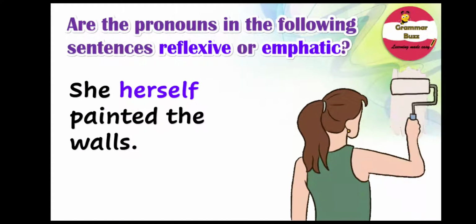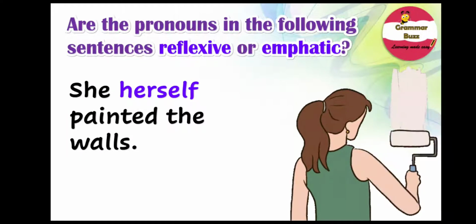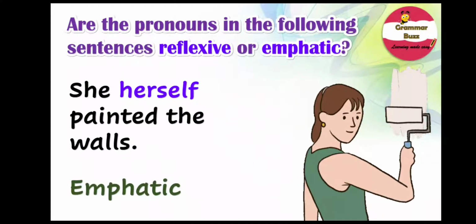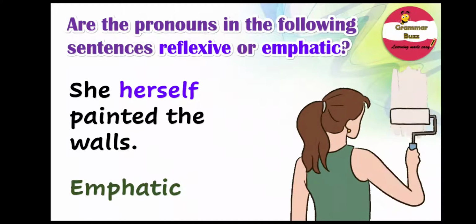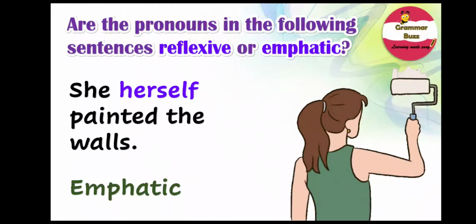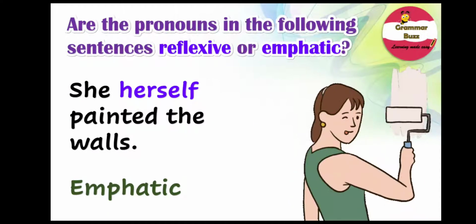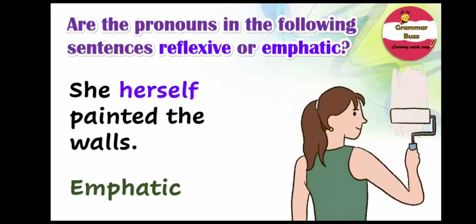Can you figure it out for me? I think you can, and I think you already have. Good job. And it is an emphatic pronoun. Well done. Because the herself here emphasizes the subject she. Now the work has been done by the subject she. Good job. Hey, congratulations, you did it.